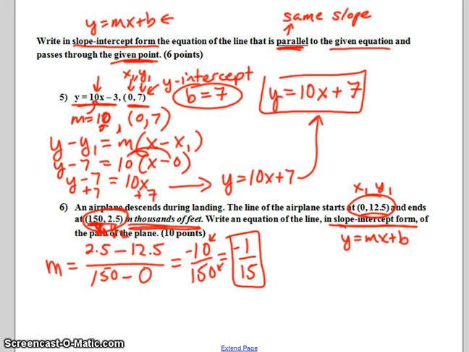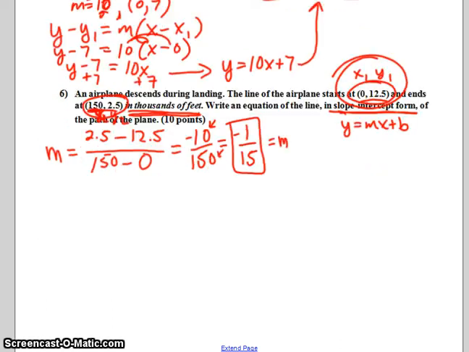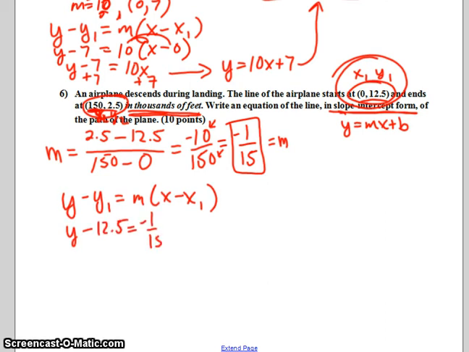Okay, so now we have the slope, and we have a point. Let's use point slope. Y minus y1 equals m times x minus x1. Y minus 12.5 equals m times x minus 0.